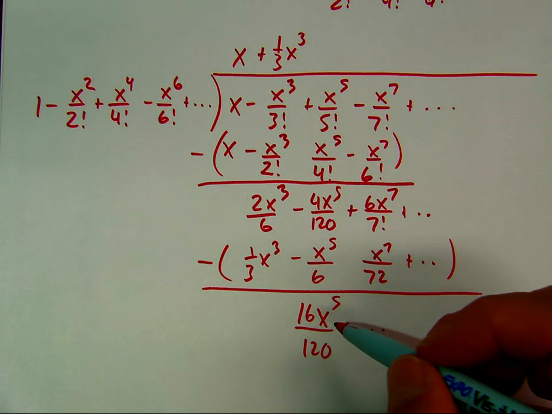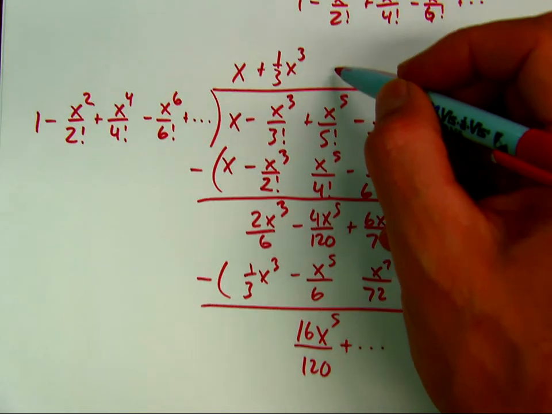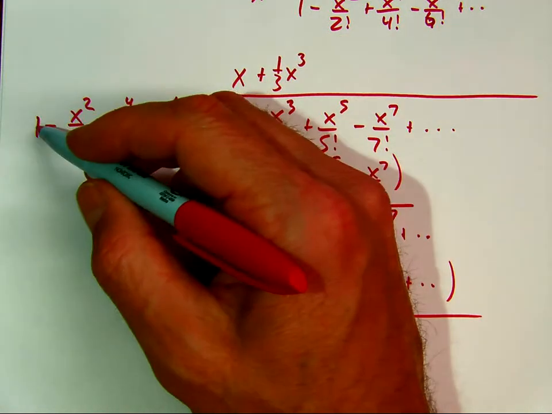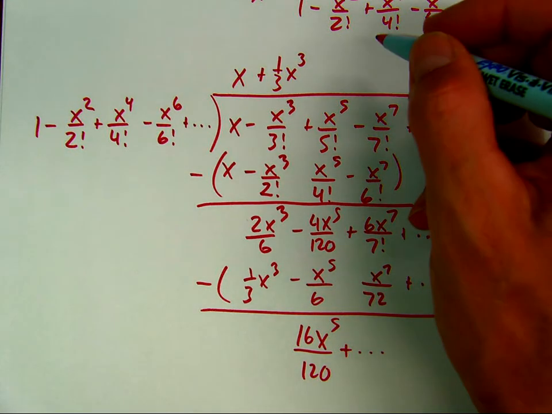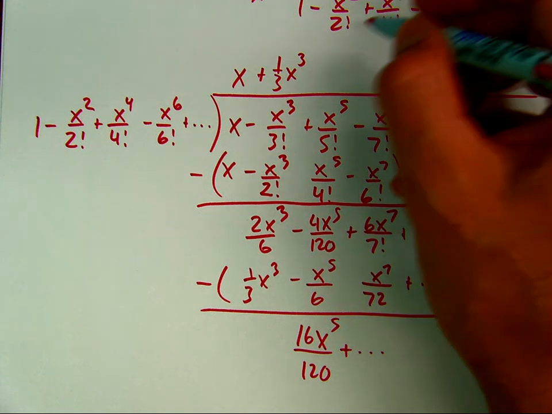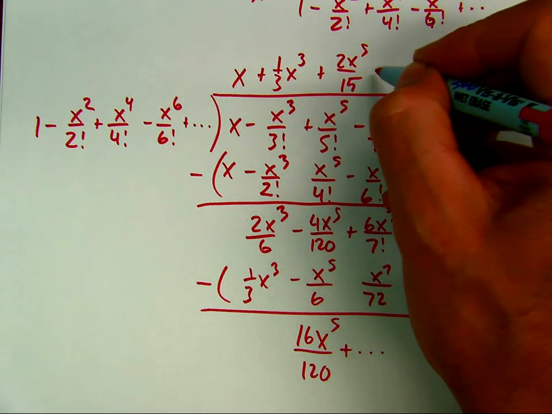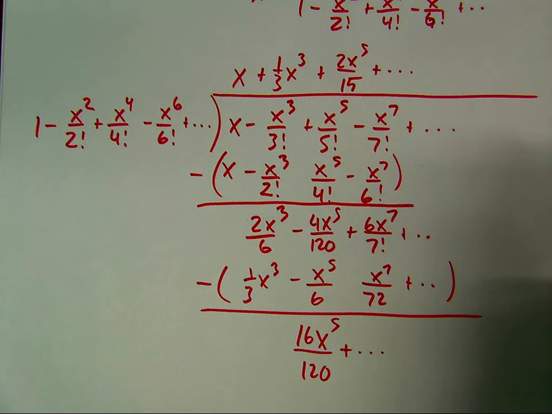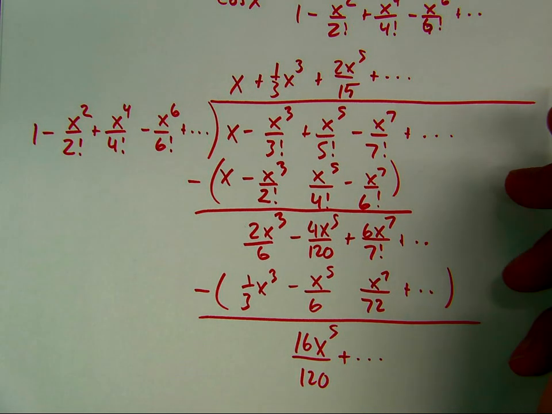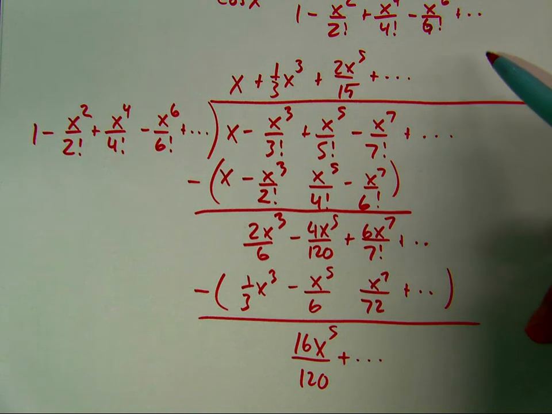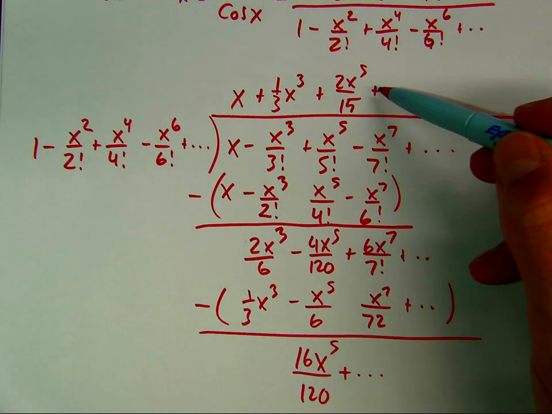And we know that we have to multiply by something times 1 to get this, and this reduces to 2x to the 5th over 15. All right, so there's a way to use the two known series with division to find a series for tangent.